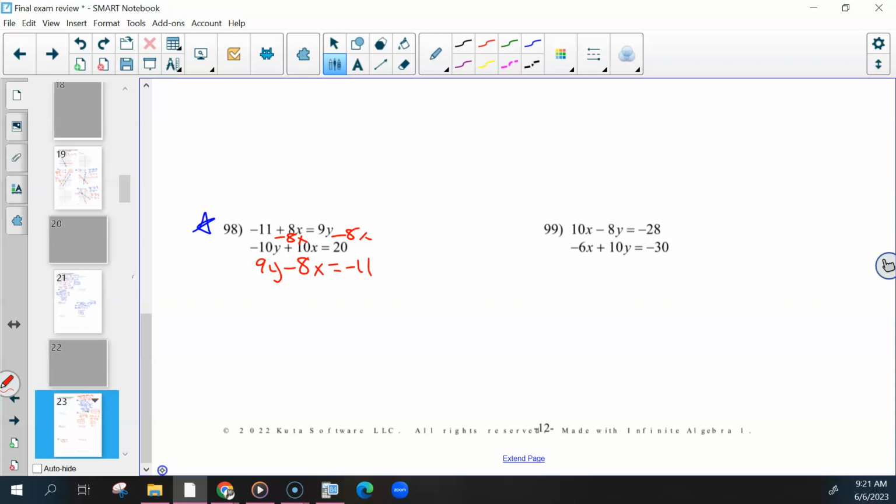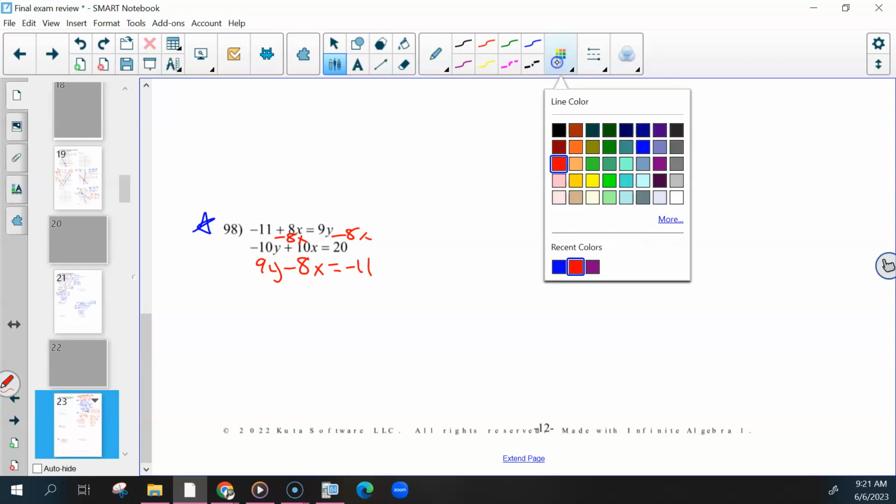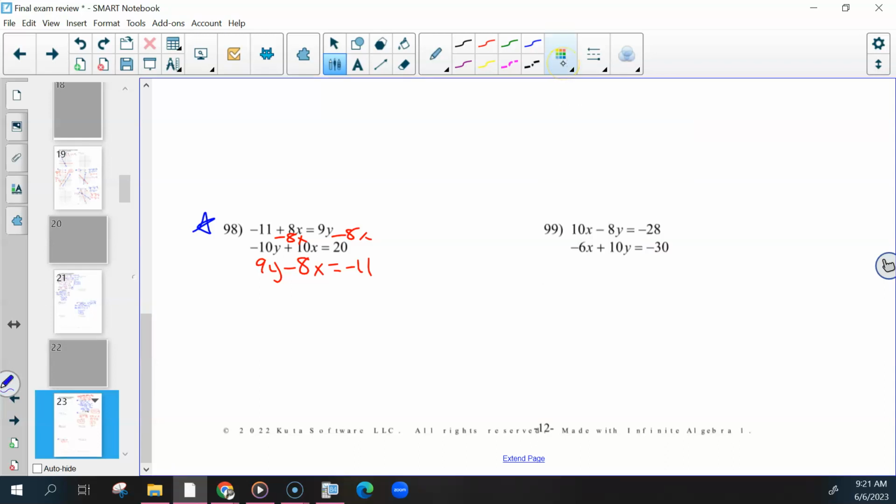And then you have to choose if you want to eliminate your x's or y's. Let's go x's this time, and you have to multiply them both by something so that they're the same. I know we could just multiply them by each other, so this one by 8 and this one by 10.